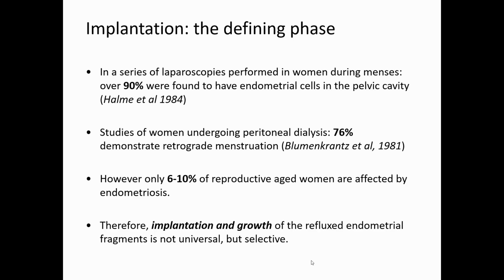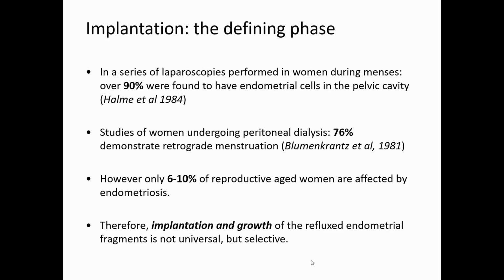Studies of peritoneal dialysate confirm that retrograde menstruation is a prevalent phenomenon, with 76% of the patients in that series showing endometrial product in the dialysate around the time of menses. However, despite the prevalence of retrograde menstruation identified in these studies, the prevalence of the disease condition is only 6 to 11%.